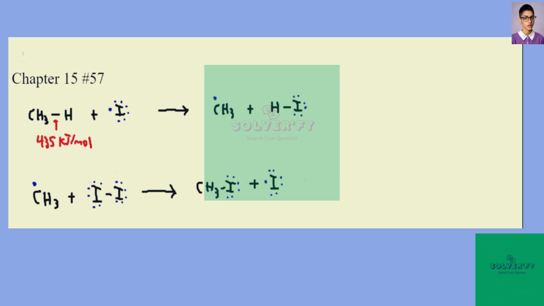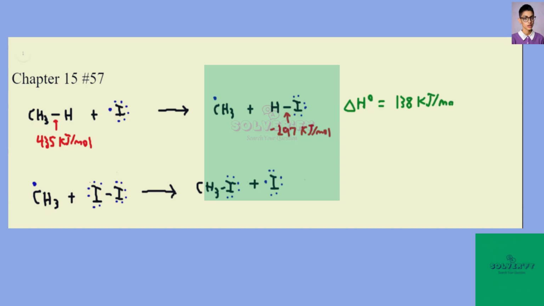And then forming the hydrogen-iodine bond releases 297 kilojoules per mole. Adding them together, the delta H naught for this step is going to be 138 kilojoules per mole.